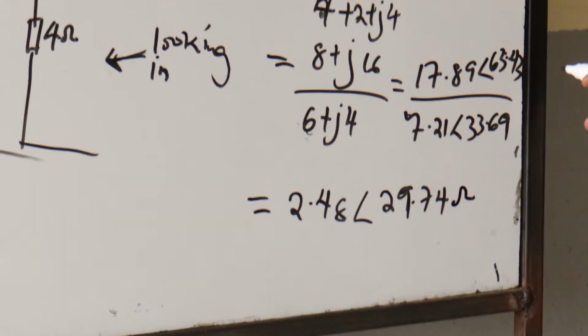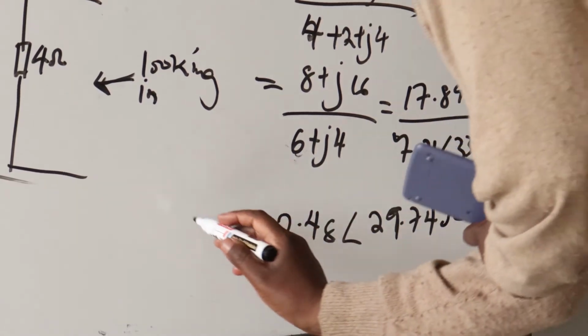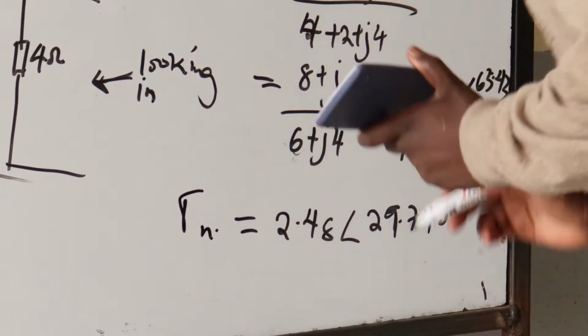So we have that as the Norton's internal resistance, which is abbreviated as Rn.